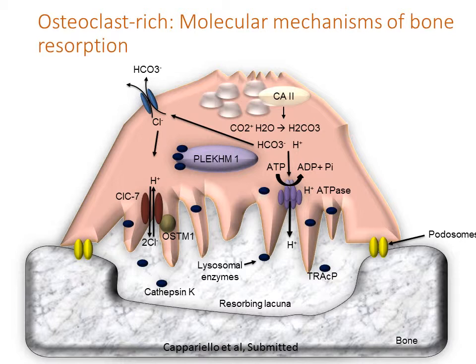In fact, in the human disease, we can observe mutations in the carbonic anhydrase type 2, in the A3 subunit of the proton pump, in the chloride proton antiporter CLC-7/OSTM1 complex, and in the newly discovered gene PLEKHM1.